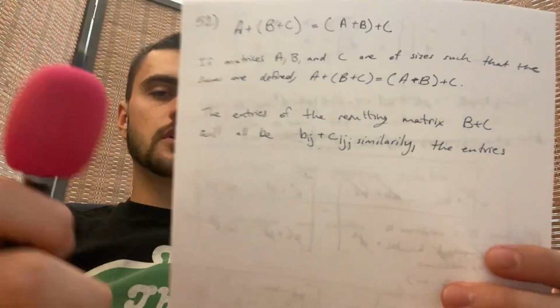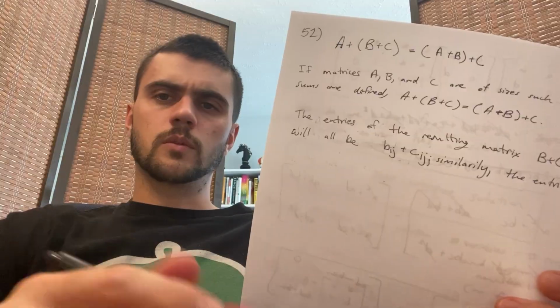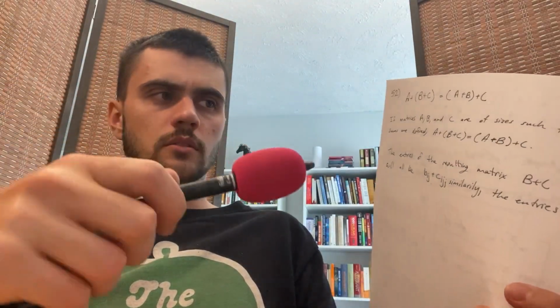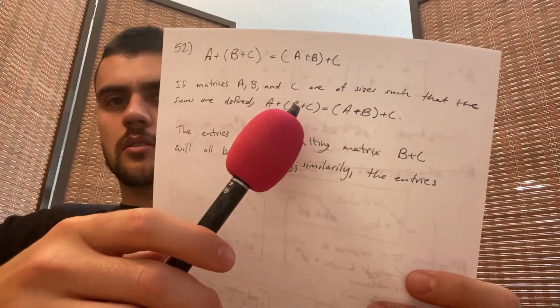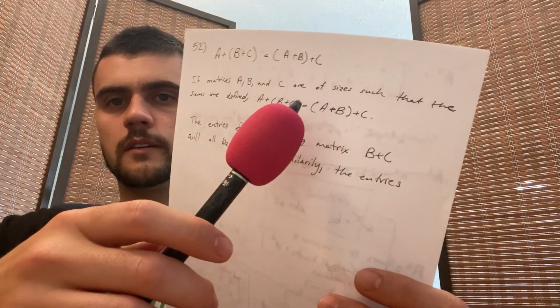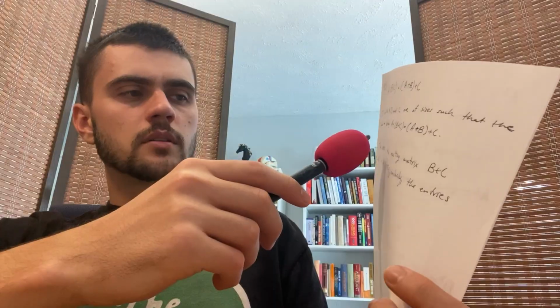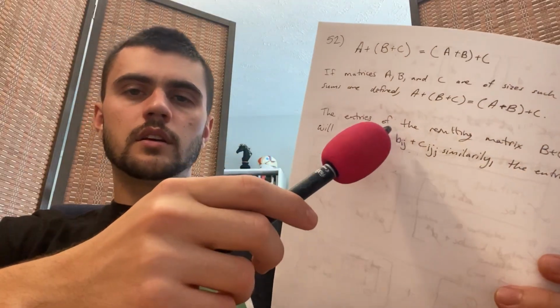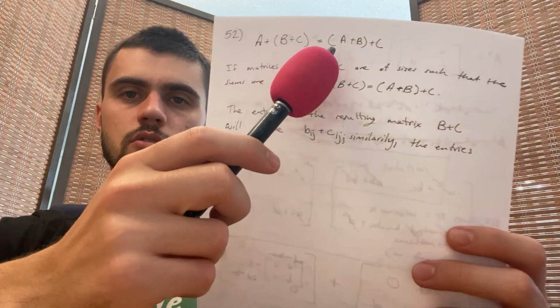And then we're doing another proof. I'm trying a little bit different, not writing so much, a little bit more succinct. So what we're trying to prove is if matrices A, B, and C are of sizes that the sums are defined, essentially they're the same size, then this is true.